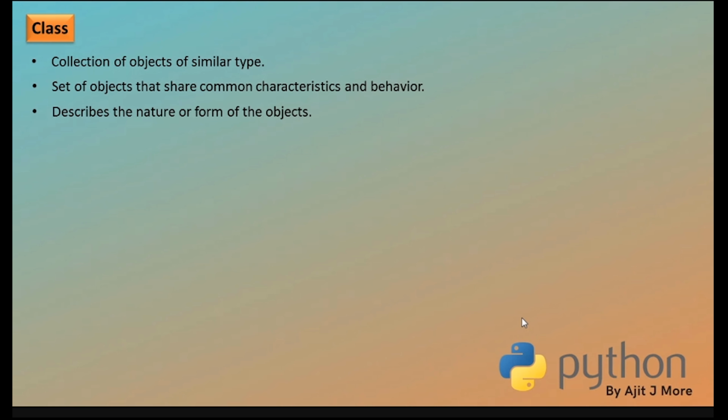Like as I said, that aluminium heart-shaped mold is going to tell how the cake will look. Okay. The civil engineer has made a blueprint of a 3 BHK flat. So you at least get an idea what all things will be there in that complete flat. Okay. So it is describing nature or form of the object. It acts as a blueprint or it acts as a template.